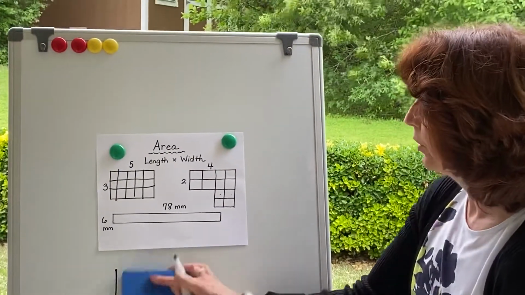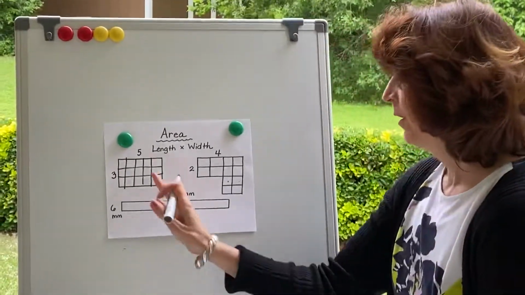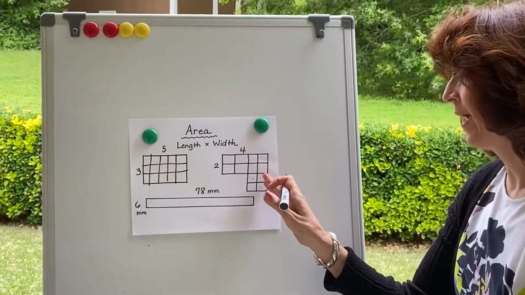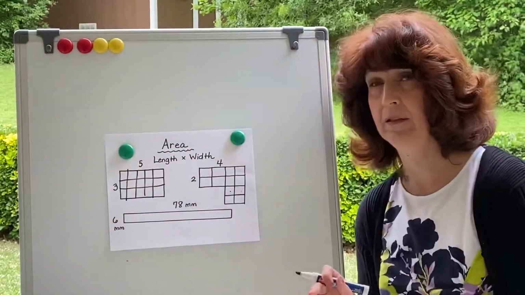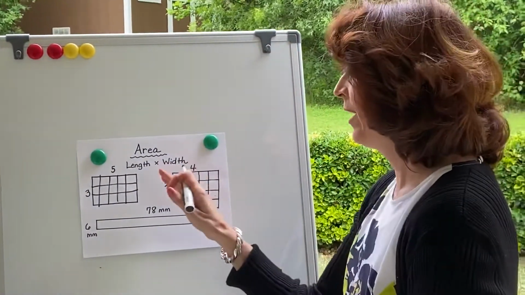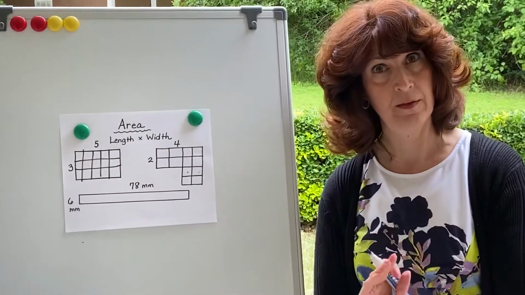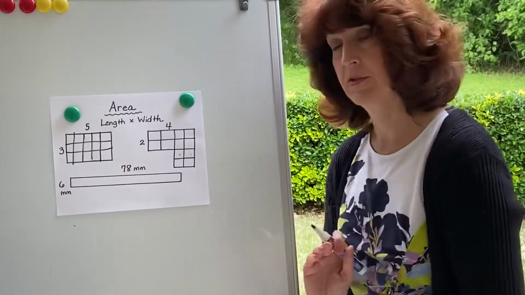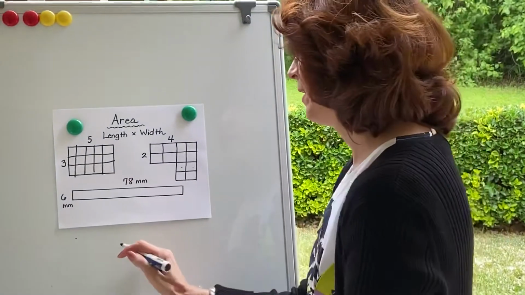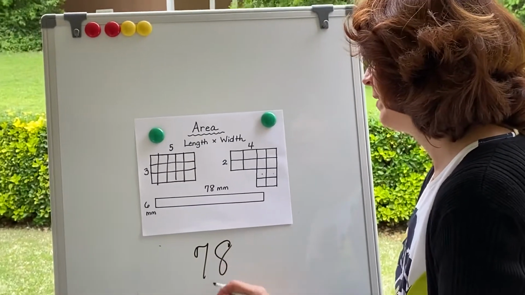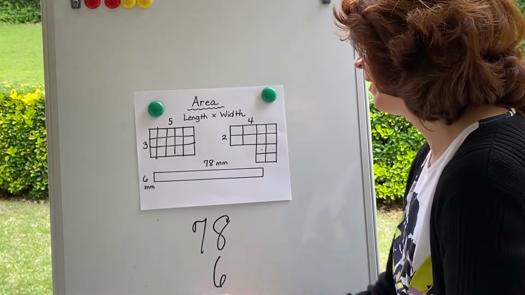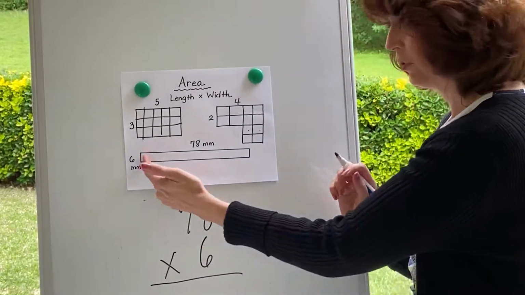When you have larger problems, drawing your squares or counting them is not the best solution. For area, remember, it is length times width. This is millimeters. 78 millimeters on one side and 6 on the other. Now, could you draw all those squares?